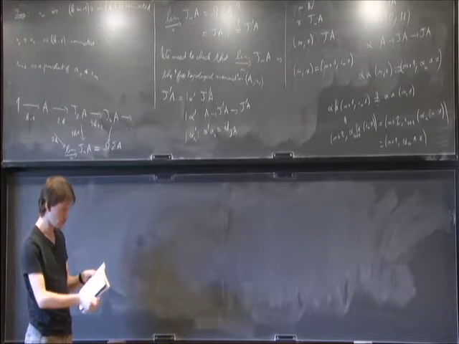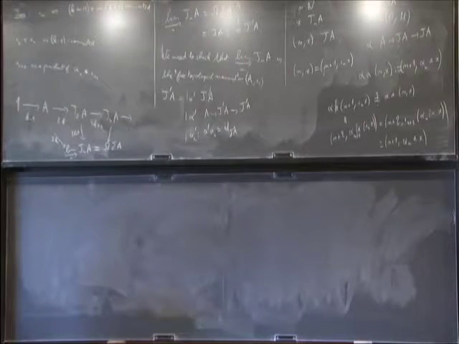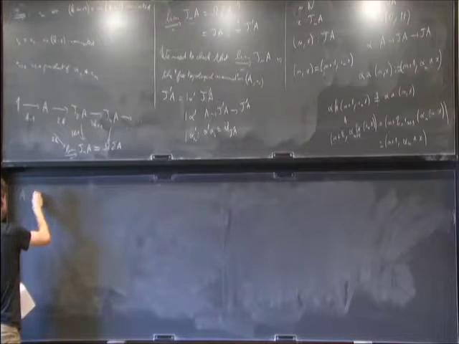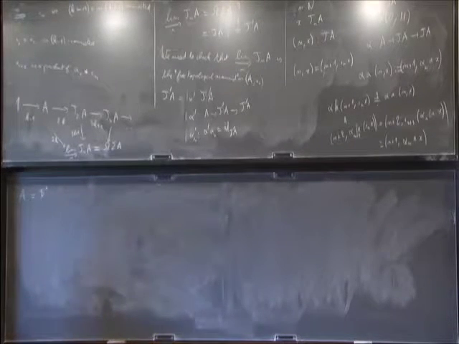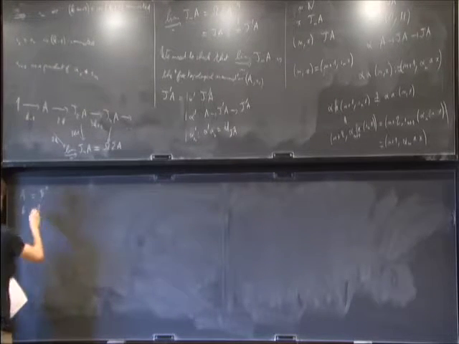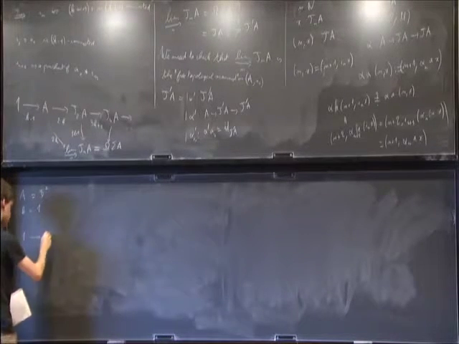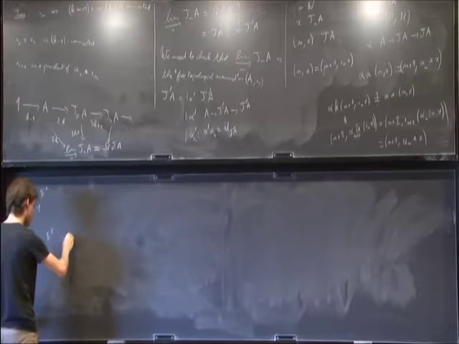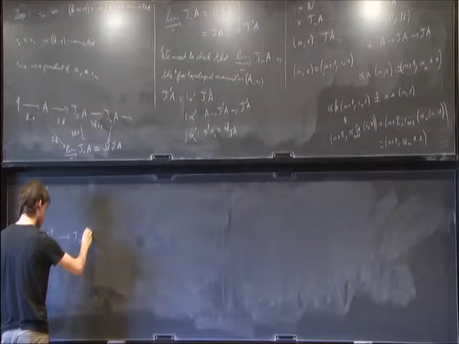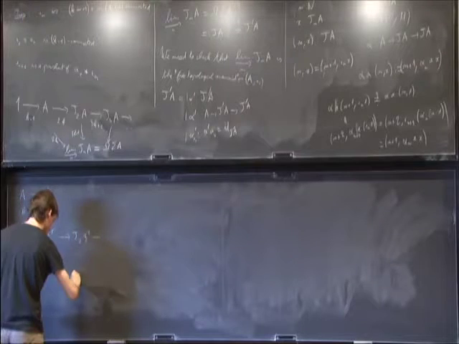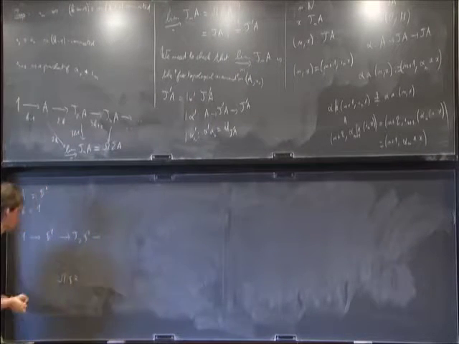So now let's see how it gives some information about pi_4 of S^3. So we will apply this to the case A equals S^2, and we have k equals 1, because S^2 is 1 connected. So what we get is the following.